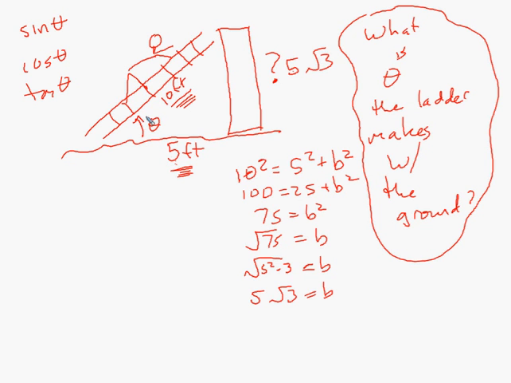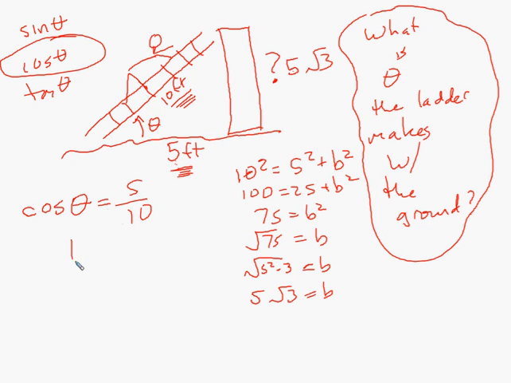Well, with respect to this angle, this side is the hypotenuse, and this side is adjacent. So I have adjacent and the hypotenuse. So of these 3, which is adjacent and hypotenuse? The cosine. So cosine of my angle is 5 over 10.